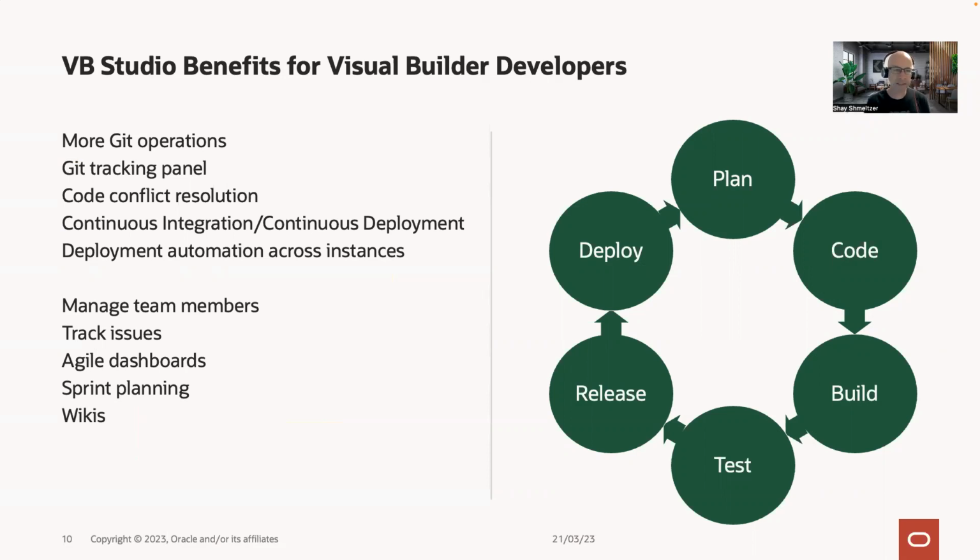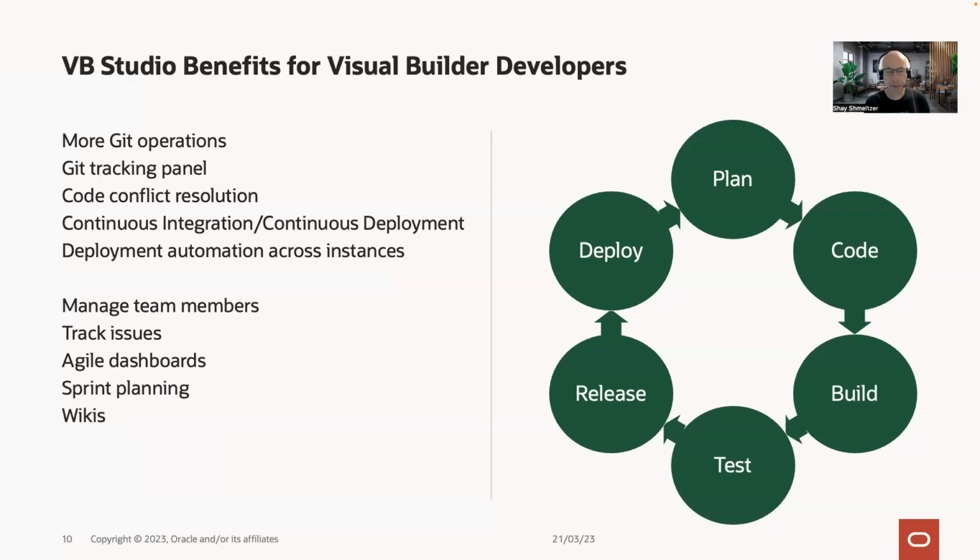One of the key things is a much deeper Git integration, with version management and all the functionality that you need, more Git operations, whether it's stashing or cherry picking or comparing files or things like that. It allows you to leverage the Git functionality to its full capabilities.